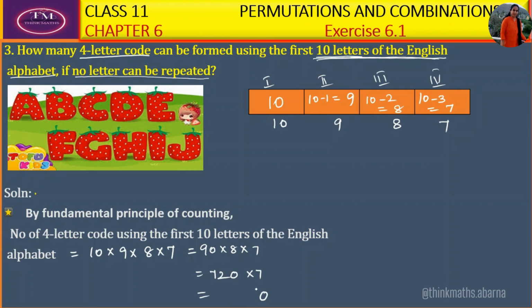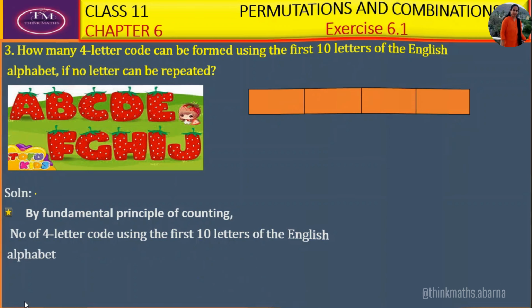So 0 sevens are 0, 2 sevens are 14, 7 sevens are 49 plus 1 it is 50. So you have 5040 ways of writing a 4-letter code using the first 10 letters A, B, C, D, E, F, G, H, I, J. Clear, children? So moving on to the next problem.